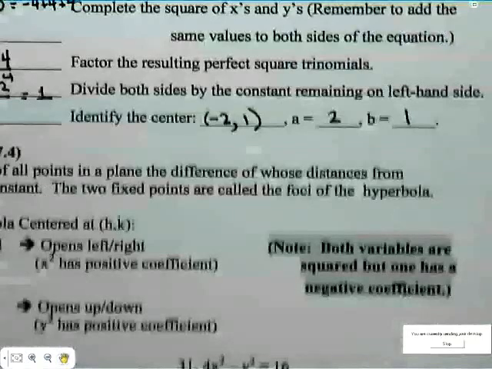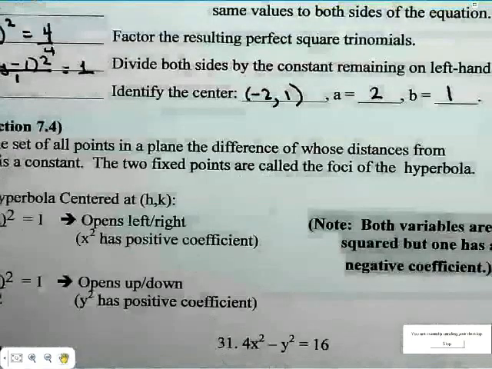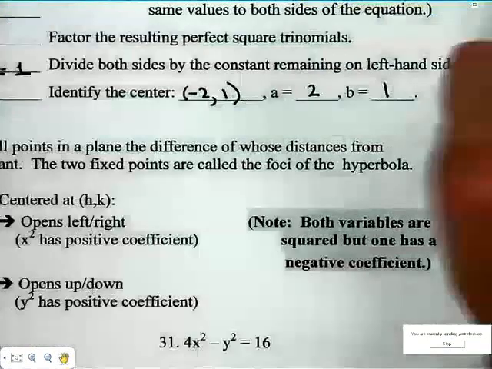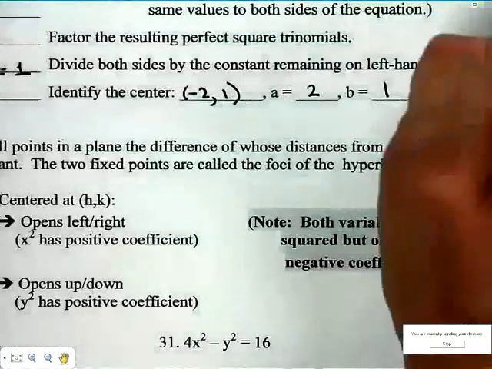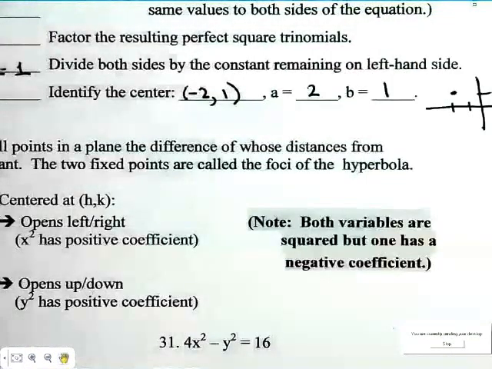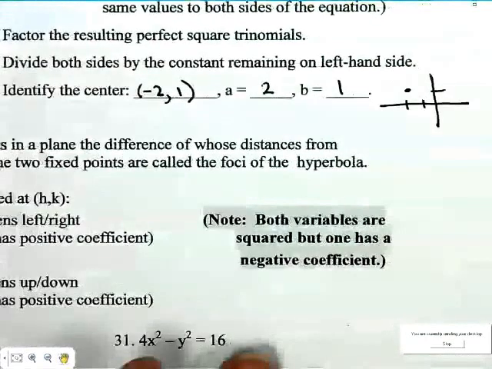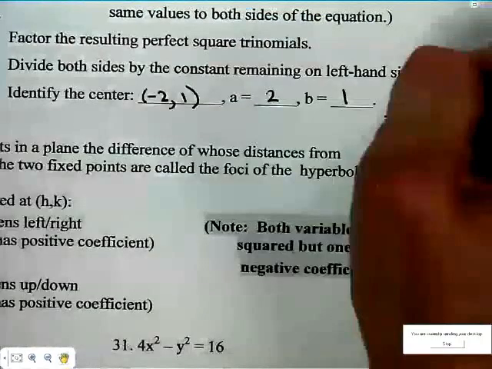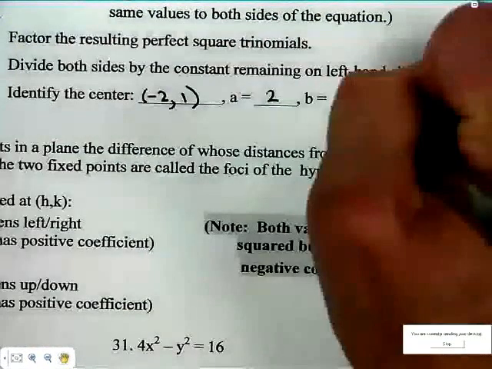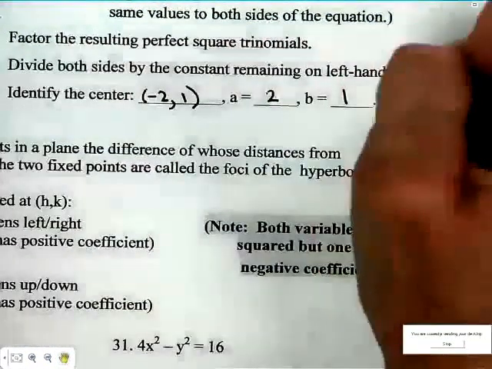So very quickly to graph that, just plot that center at -2, 1. And then go right 2, left 2, up 1, down 1.